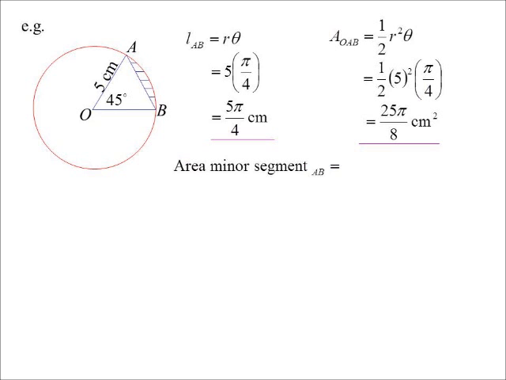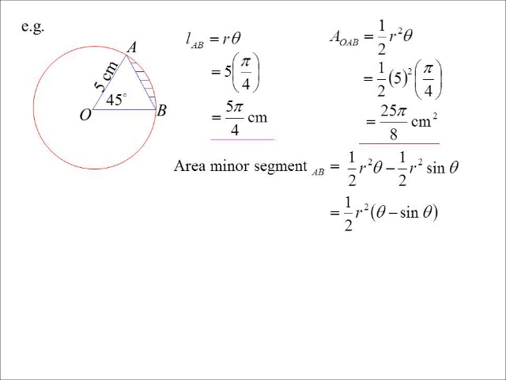Another sort of question they like to ask is, what's the area of the minor segment rather than the whole sector itself? Now, the segment, of course, is the bit cut off by the chord. And so it's the sector that we've just worked out minus the triangle.